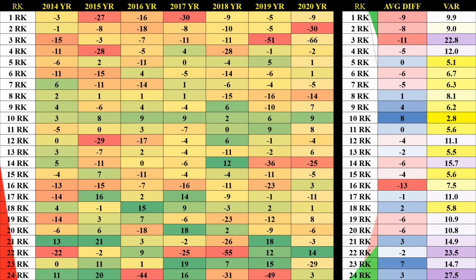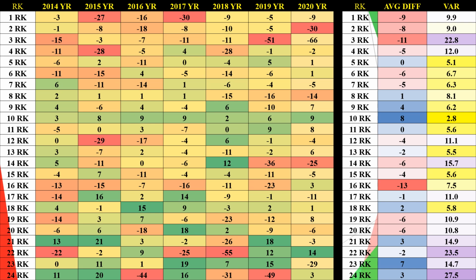Then I looked at the 2014 position of those same people and noted whether they were in the same position or a different position. If they were below where they were the year before, I gave them a minus positional number, and if they were above where they were, that would have been a plus number.